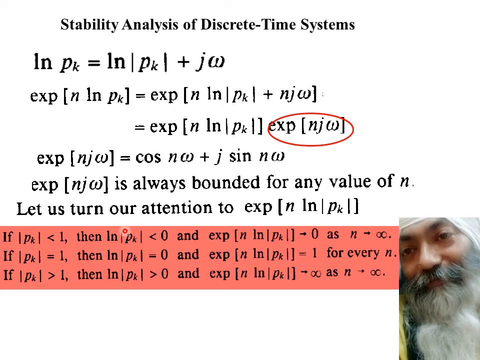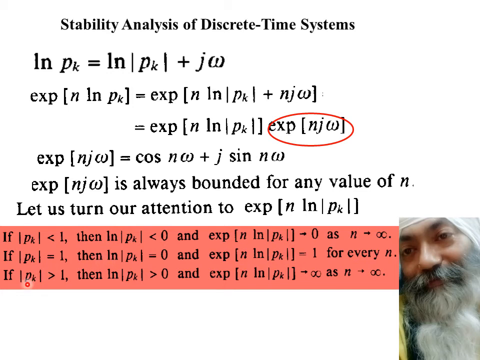So as long as the magnitude is less than 1, the entire value will be tending towards 0, but it will never become anything beyond 1. It will be lying between 0 and 1. And for pk equal to 1, this output finally will be equal to 1.